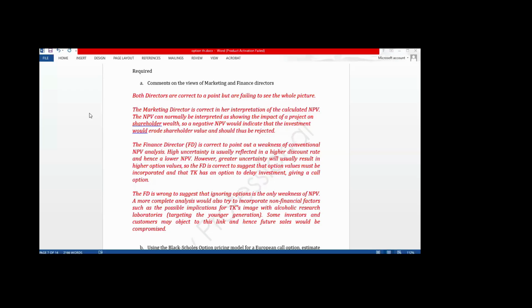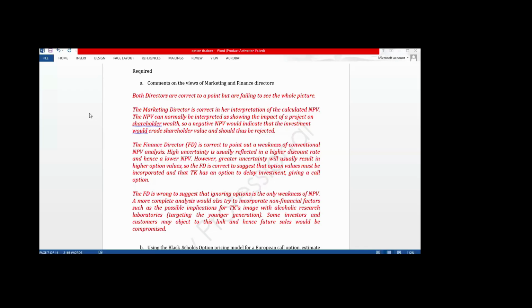For example, we need to consider the possible implications for Tayo Kayode's image with alcoholic beverage, alcoholic products targeting the younger generation. A company is trying to develop a new alcoholic beverage product, and the target market is the younger generation.